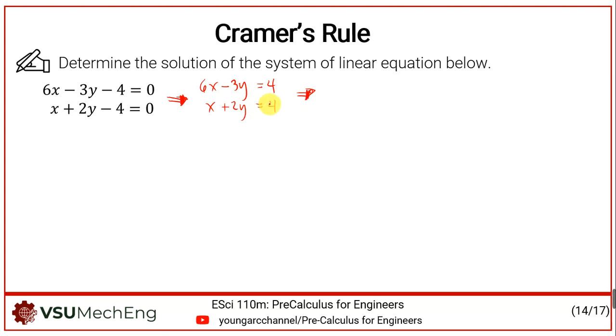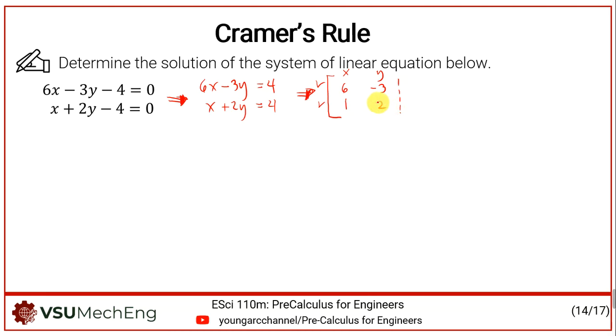Now with this form, we can proceed to the creation of the augmented matrix. For the augmented matrix, we only have two rows because we only have two equations. Then we have three columns. These are the coefficients for x, for y, and the constant. So for the first column, that is for x, that's 6, 1. Then for y, we have negative 3, 2.